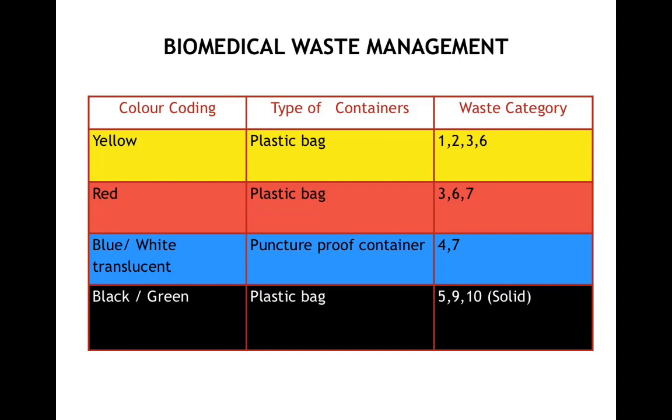Different categories go in different types of bags, like human waste, animal waste, microbiology, or solid waste contaminated with blood and body fluid; they go in the yellow bag. When we discuss biomedical waste, we will discuss these things in detail.